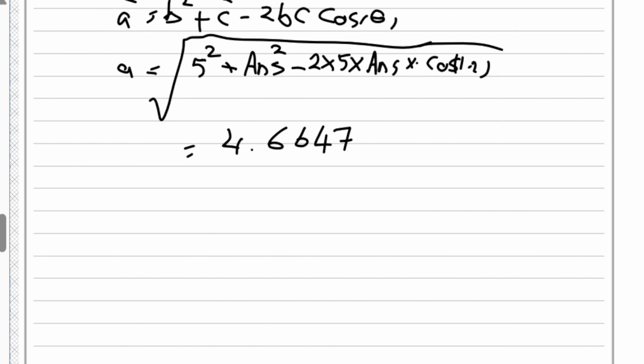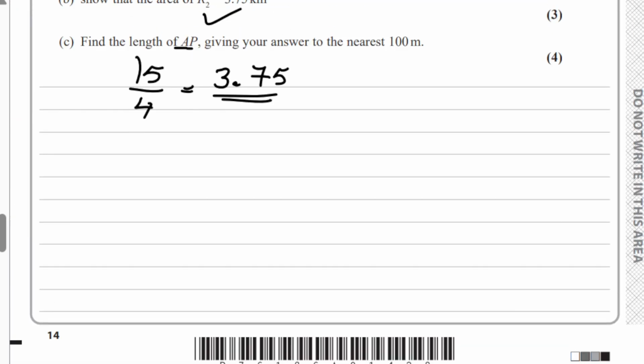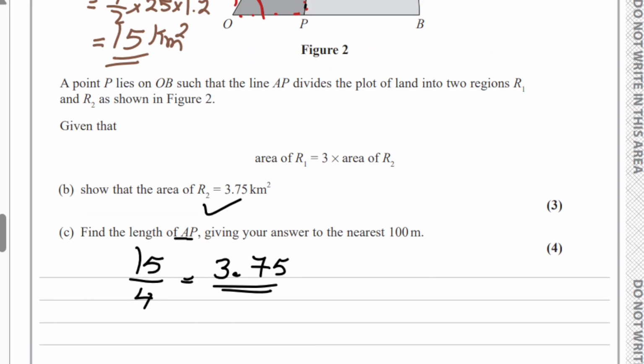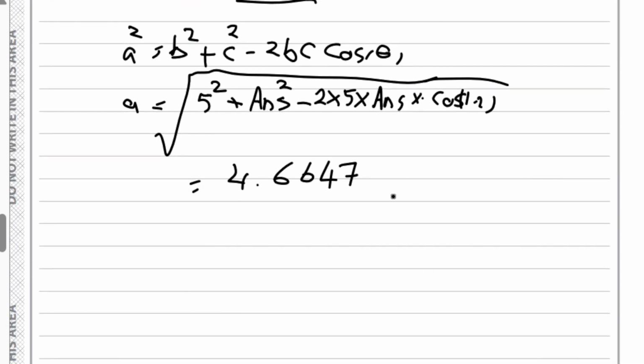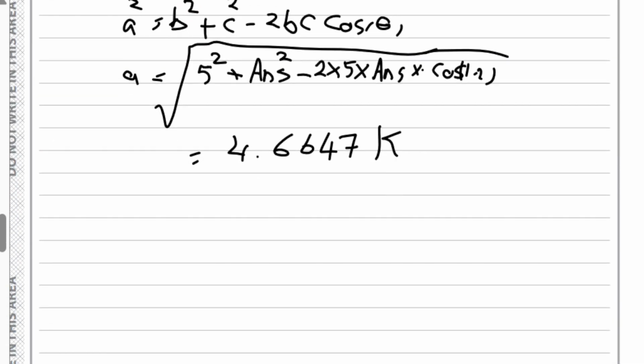That gives me 4.6647. And now let's read how many decimals they want: to the nearest 100 meters. Oh goodness, that's why I think it's 4 marks. So this length is in kilometers, right? Now let's convert the kilometers to meters. We just multiply by 1,000. So it's going to be 4,664.7, right?